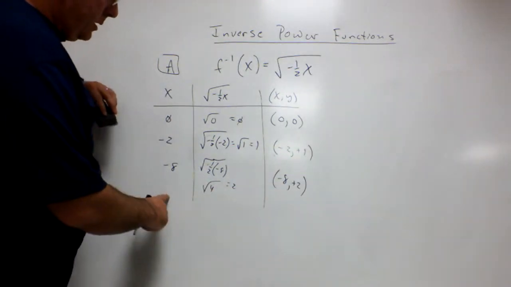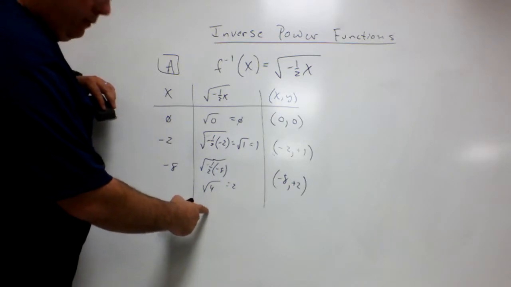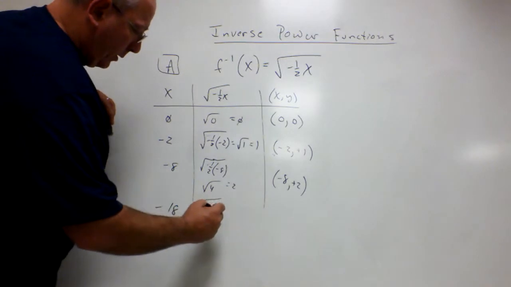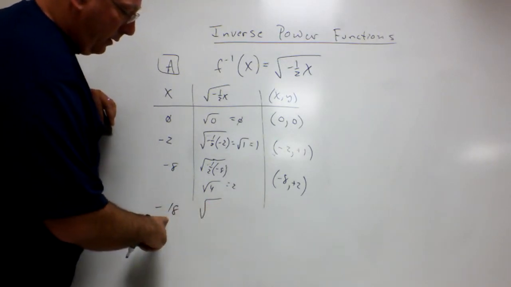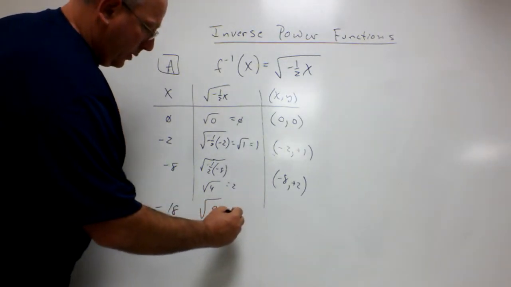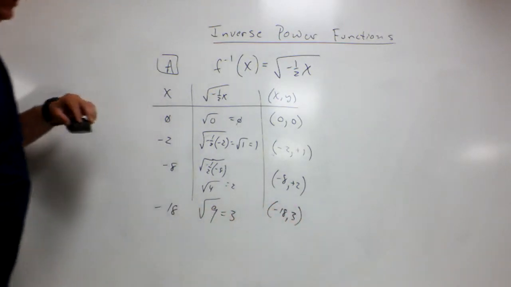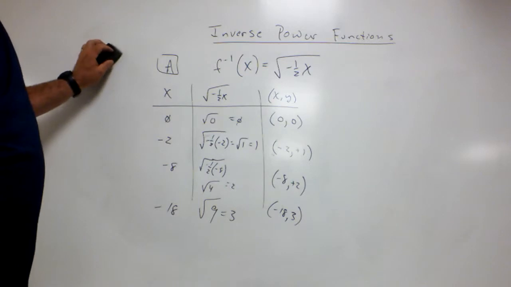And would it make sense that if we used -18, we would get a 9? So if we use -18, we get the square root of -1/2 of -18, which is the square root of 9, which is 3. So those would be the numbers that we want to plot.